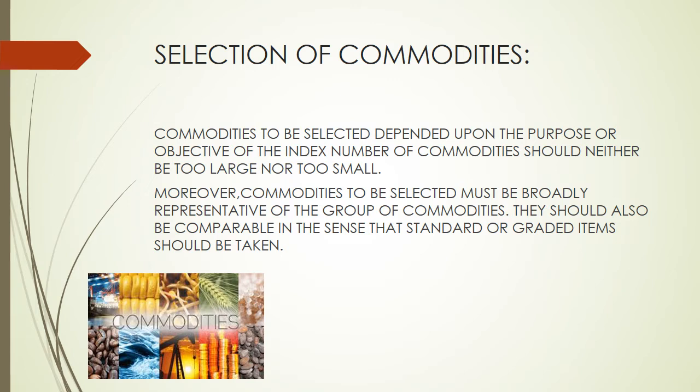Let us take an example: I have taken two pens. The first pen is grade 1 and the second pen is grade 2. I can't compare the grade 1 pen and the grade 2 pen, because the grade already tells that these two are different. So we should have the same standard or the same grade in the commodities we select in order to compare.